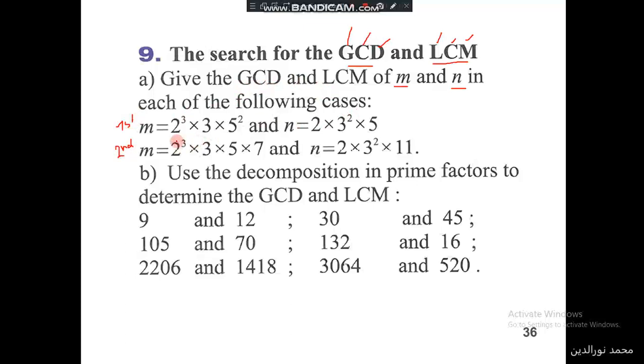We notice that in branch B we are given the numbers, we have to decompose them first, while in branch A the decomposition is already given. So we have to use these two decompositions to find the GCD and LCM.